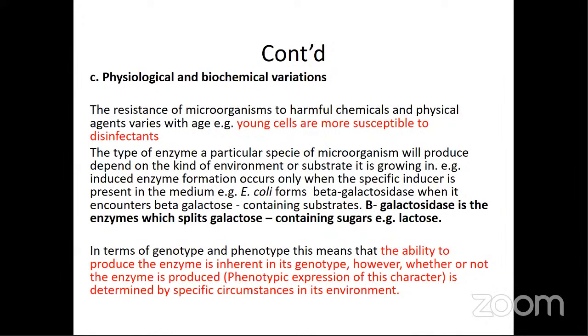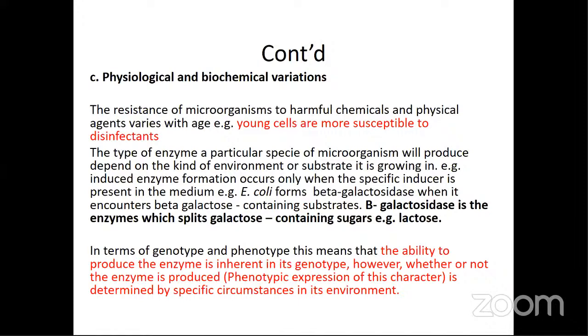And in terms of genotype or phenotype, it only means if the organism is able to secrete or produce that enzyme, it only means that that enzyme is already inherent in the genotype of that organism. It is there in the organism.